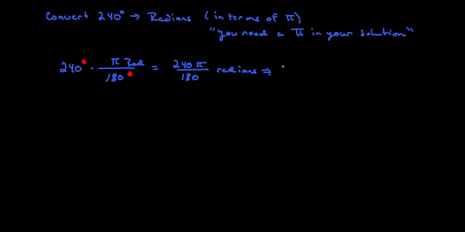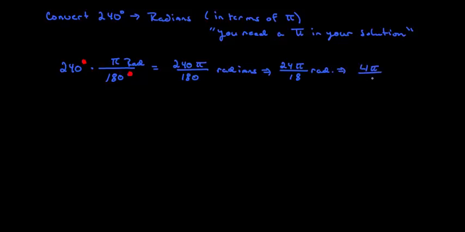So let's just do some division here. That's 24 over 18, and we can divide each of these by 6. When we divide the top by 6, we get 4.